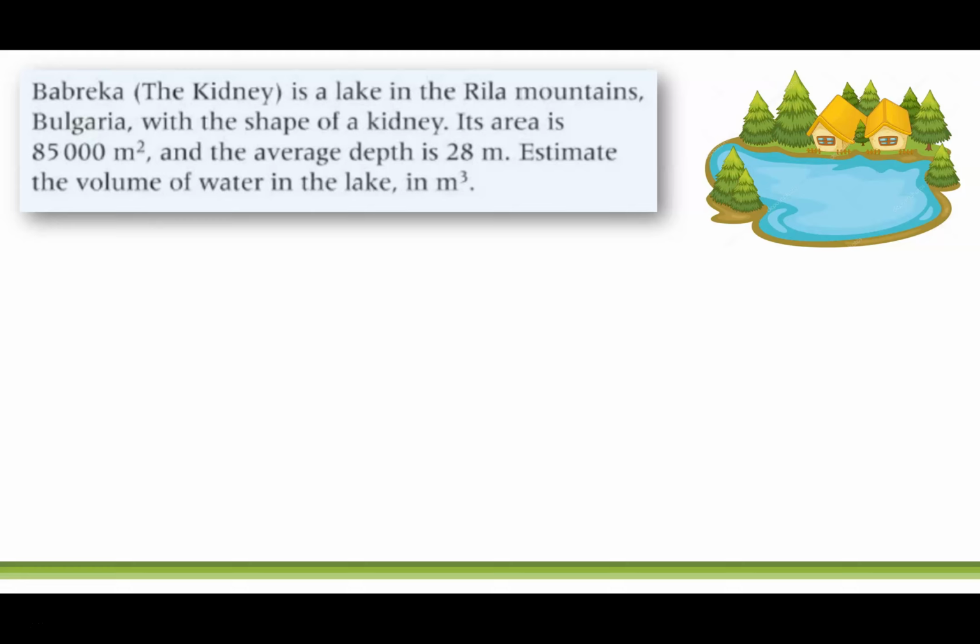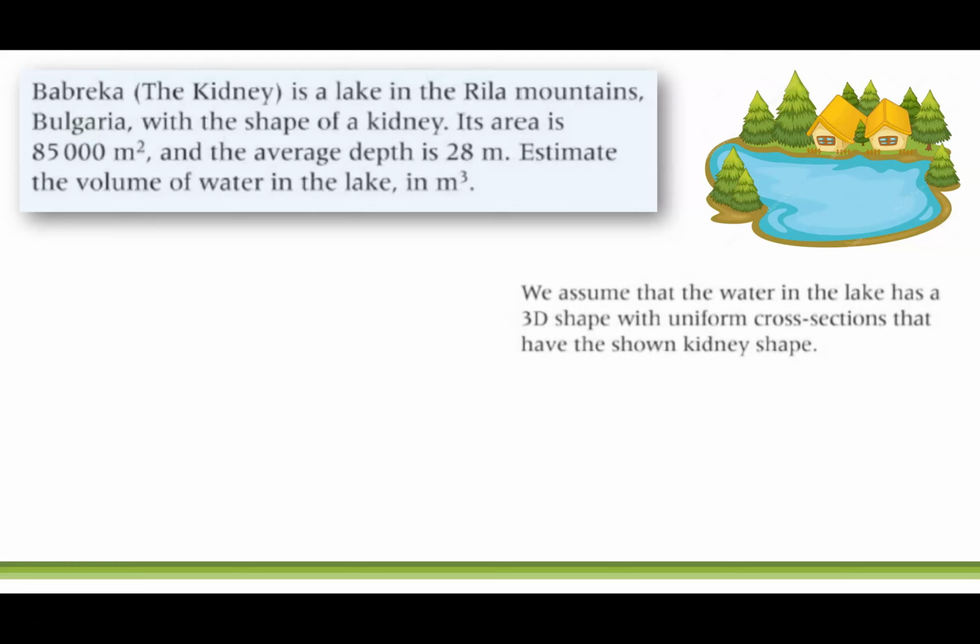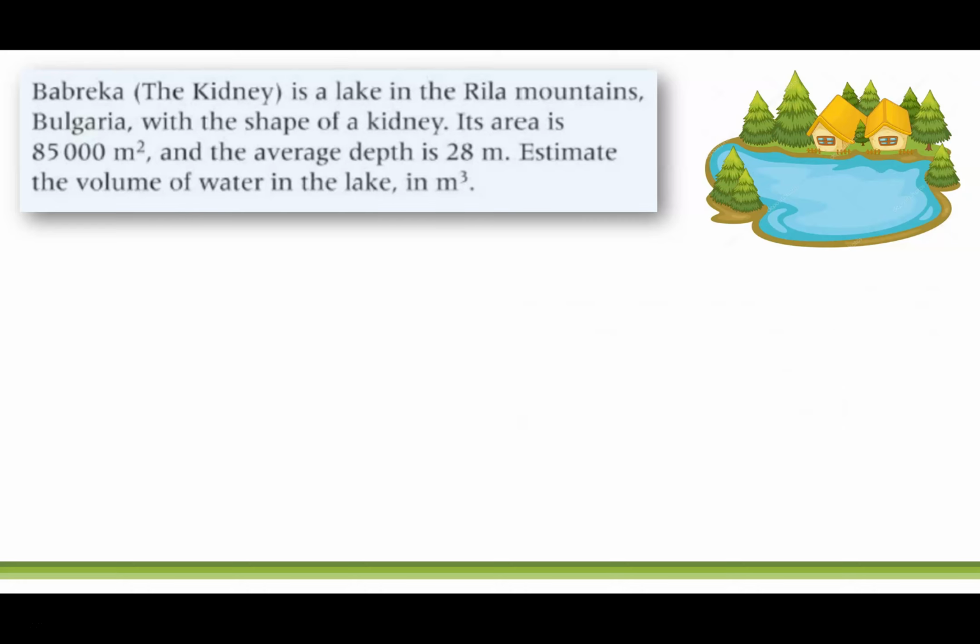Well, to do that, we have to make a couple of observations about this. We assume, number one, that the water in the lake has a 3D shape, and this hopefully will be prism-like, meaning that all the way down through the entire 28-meter depth of the water, that shape maintains its size and its actual shape. So we're going to take the area of the cross section and multiply it by the height of the water. Now, obviously, this isn't a height of water; it's a depth of water.